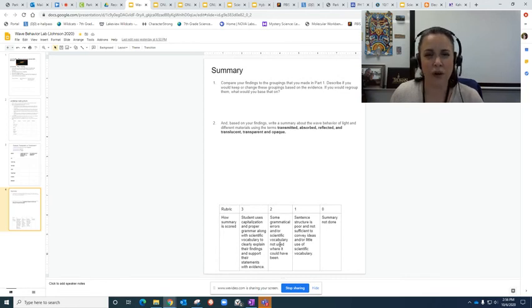Meaning if you're not really incorporating those vocabulary terms, you're not going to get full credit. A 1 would be sentence structure is poor and not sufficient to convey your ideas or your thoughts, and you don't really incorporate scientific vocabulary. And then a 0 would be the summary is not done.